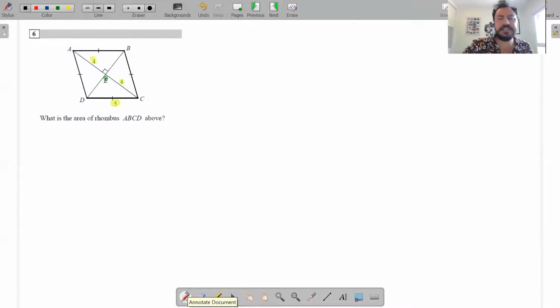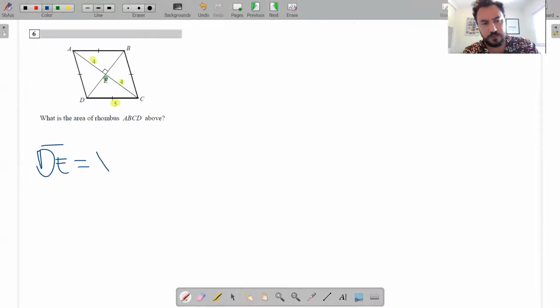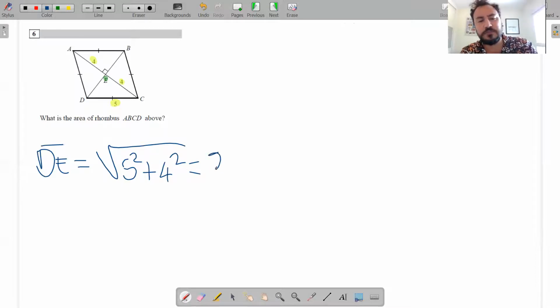So to find DE, I'm going to say square root of 5 to the power of 2 minus 4 to the power of 2. And this will be 3. So now I know that DE is going to be 3. And by the parallelogram theorems, also BE is going to be 3.